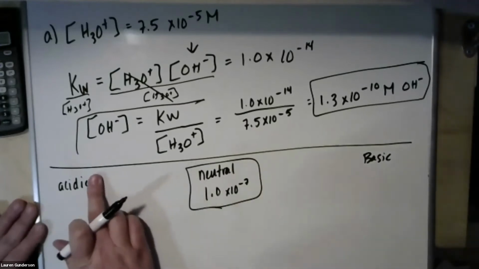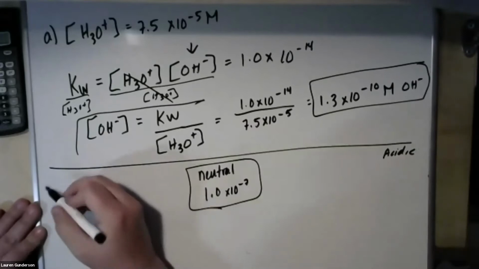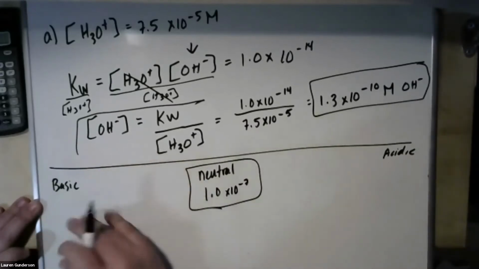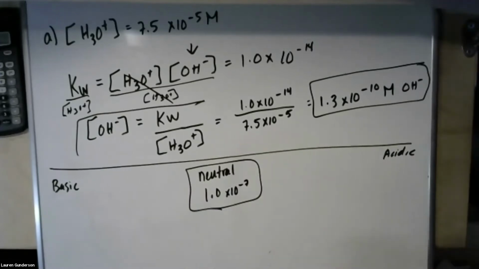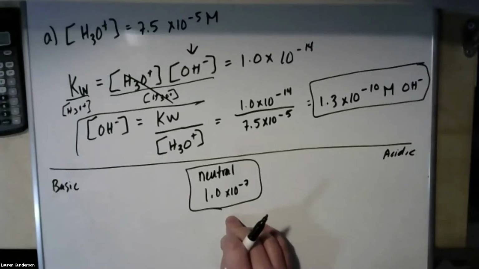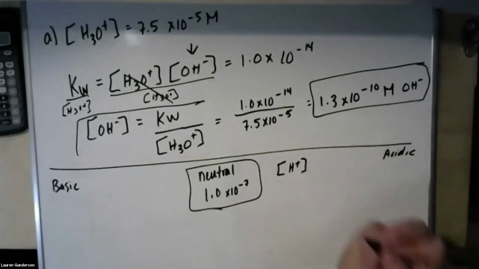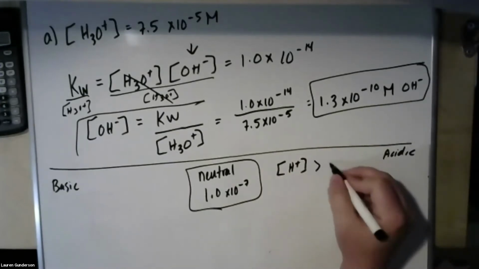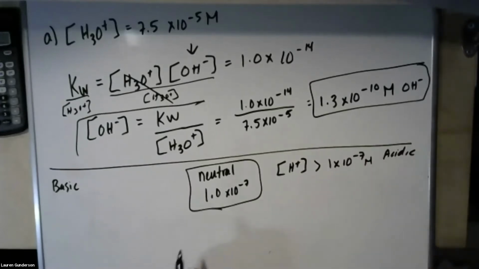All right, let's actually switch this out because we're not talking about the pH scale here. We're talking about concentration levels. So this is going to make more sense if we orient it this way. So when you have concentration values of your hydrogen ion that are larger than neutral, when your H plus is greater than 1 times 10 to the negative 7, that's going to be an acidic solution.